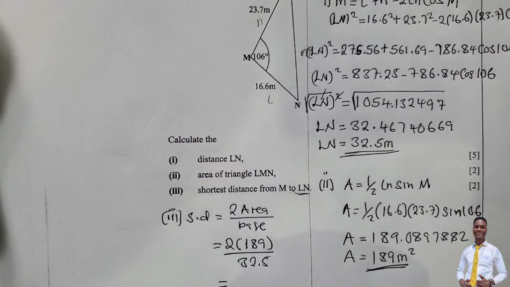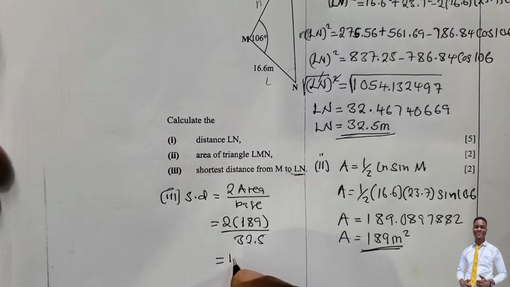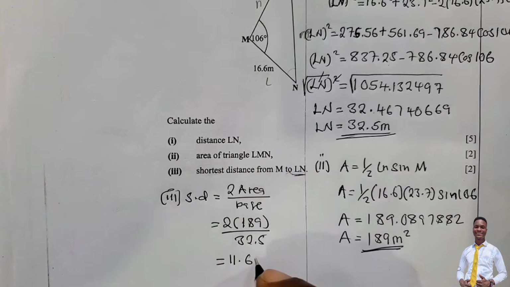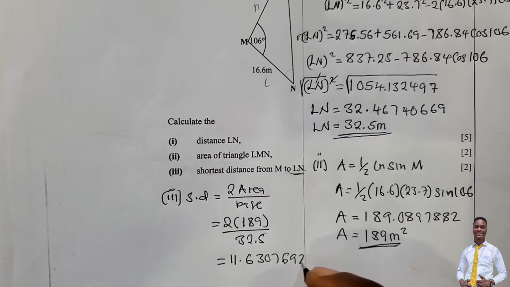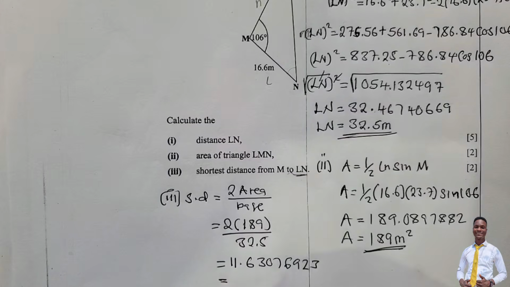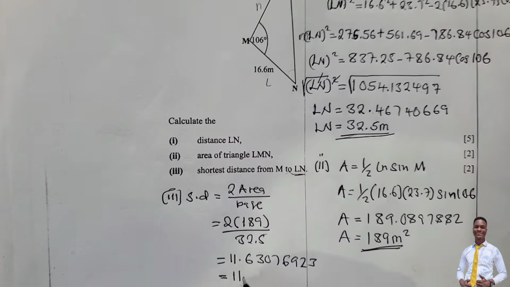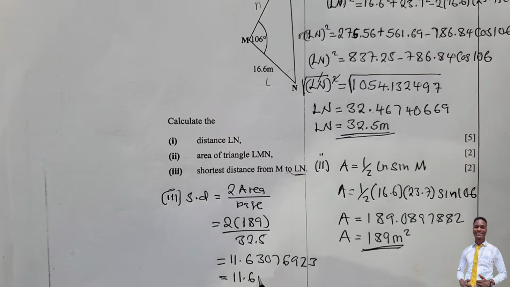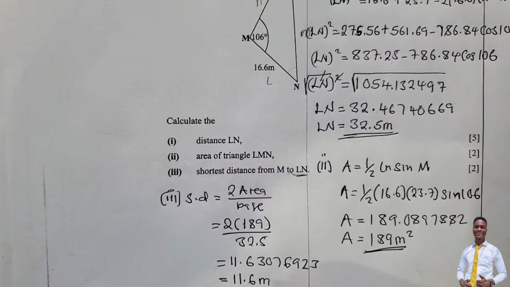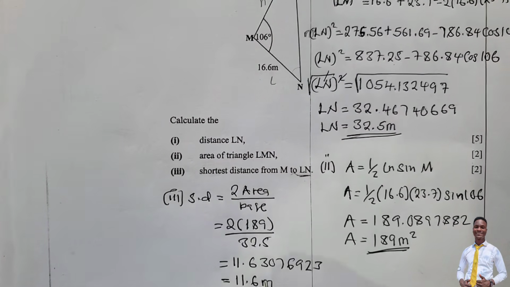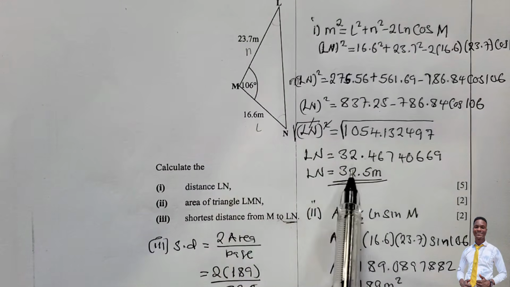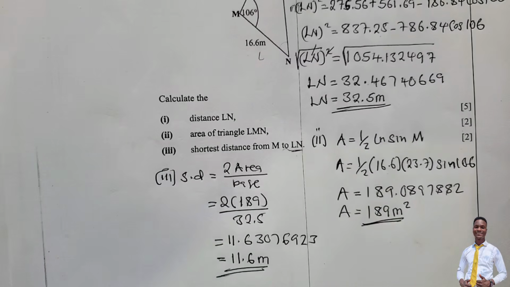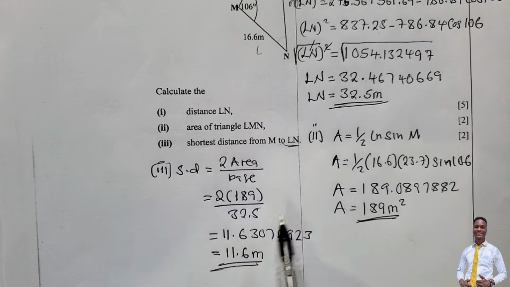This is giving me 11.6307076923. Okay, to one decimal place it will be 11.6 meters. And indeed this is the shortest distance if you compare it with the other three. This is 23, this is 16, this is 32, and this one is just 11. So this tells us that what we've been doing here is the correct thing.